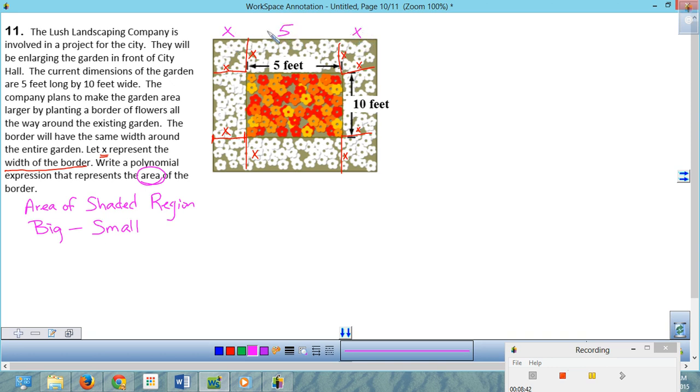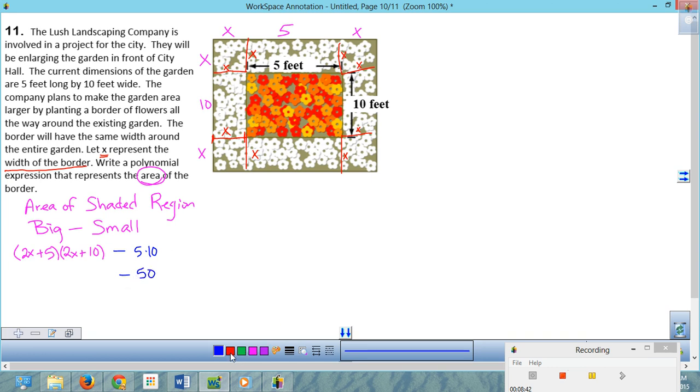So we have 2 x's plus a 5. Okay? So the length is 2x plus 5. And then this side is x, this is 10, and this is x. So it's 2x plus 10. That's the big. The small area is going to be really simple. You just do 5 times 10, which is 50. I'll go ahead and do that for you guys.